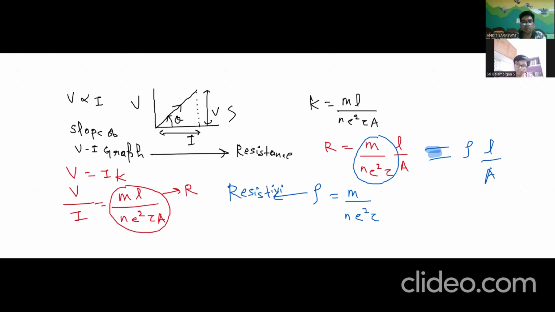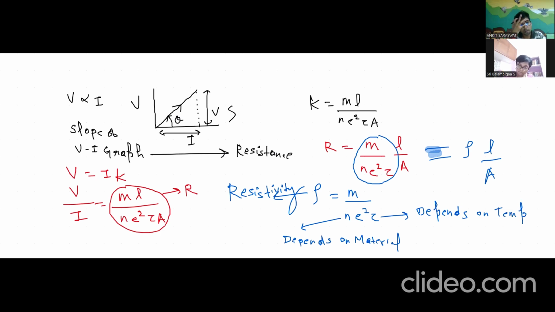And you can see the resistivity formula, it is a property of material. M depends on material. N depends on material. And tau depends on temperature. Clear?